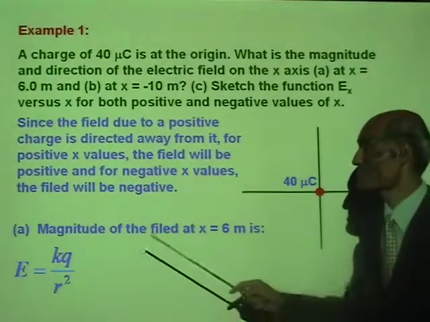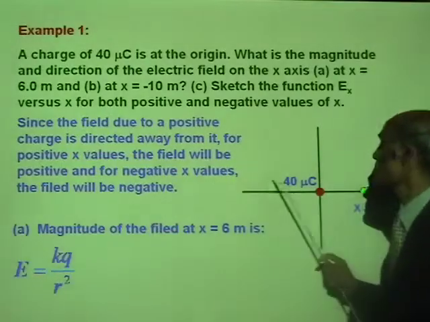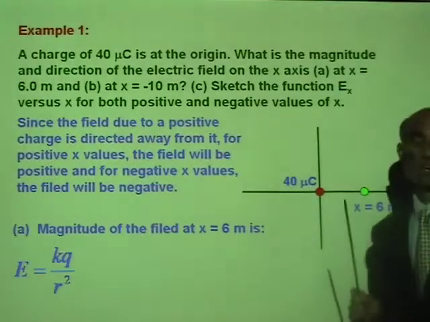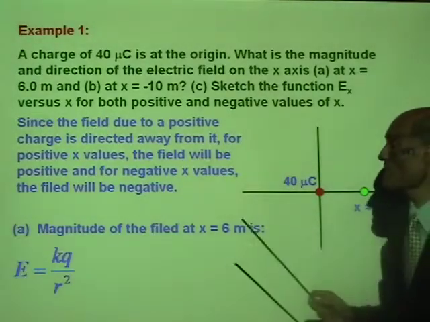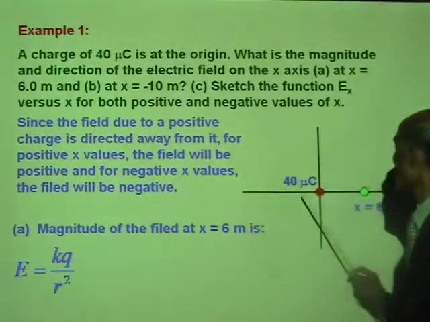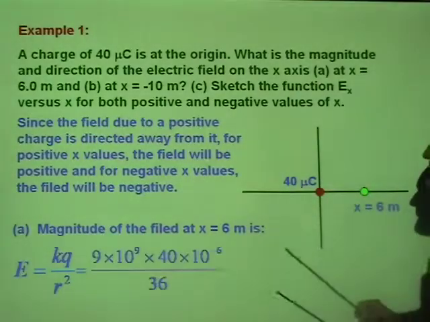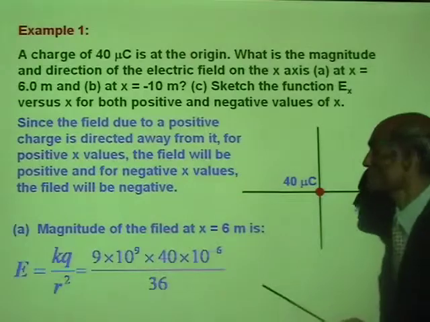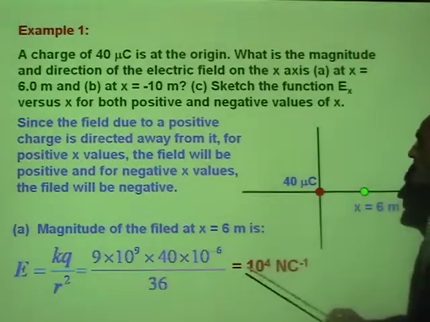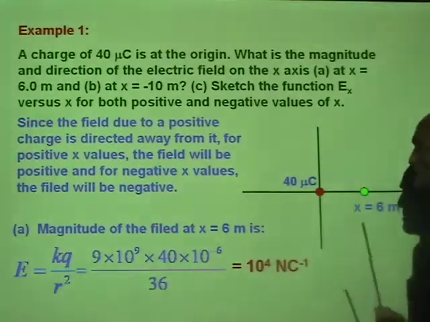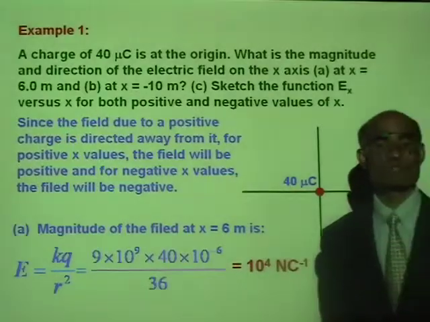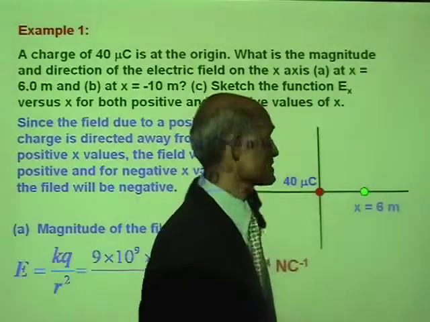And what is k equal to? 9 times 10 to the power of 9. Q is 40 microcoulomb, 40 times 10 to the power of negative 6. R equal to 6 meter. So using those values, we get E equal to 10 to the power 4 Newton per coulomb. And that's the electric field.